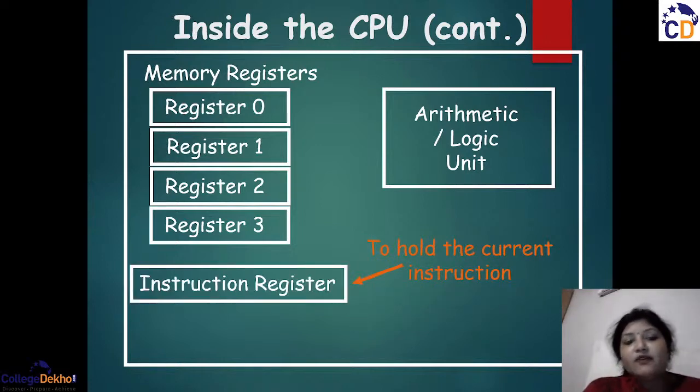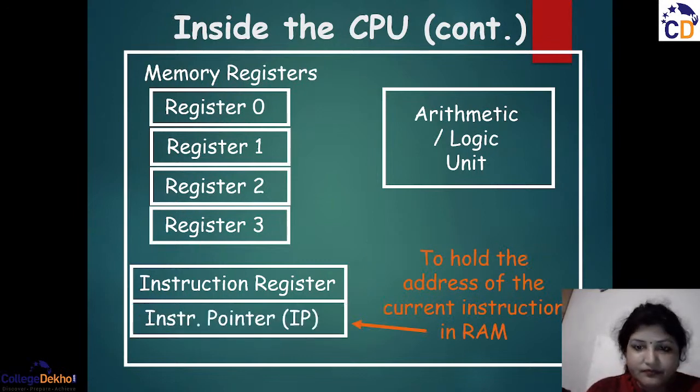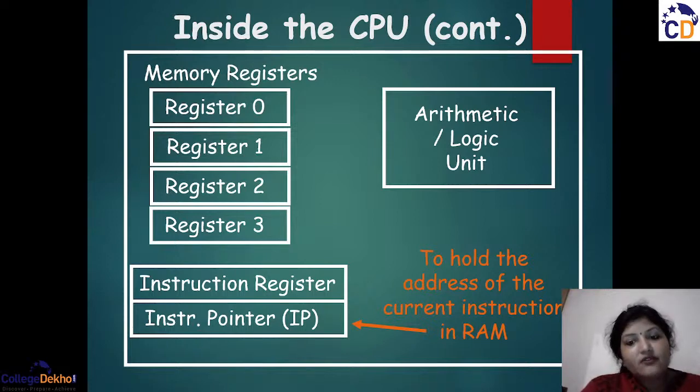Now once we have these registers, there is an instruction register which holds the current instruction to be executed, right? And the instruction pointer holds the address of the current instruction.